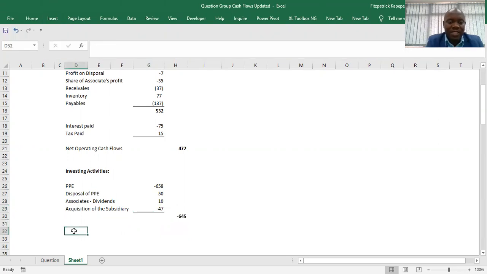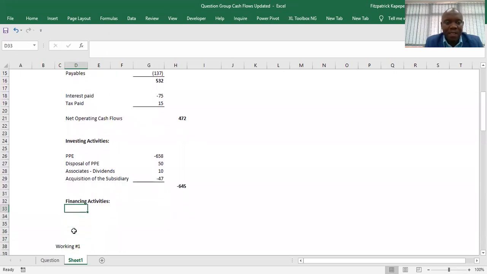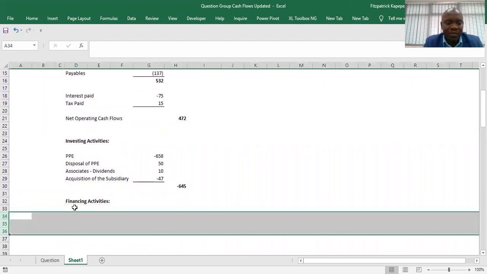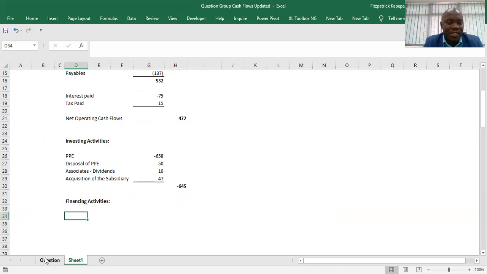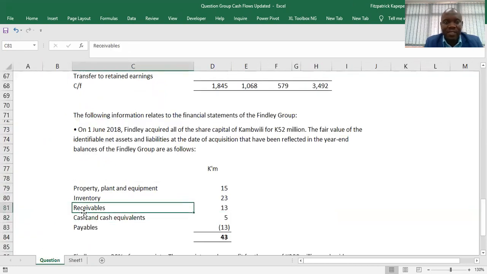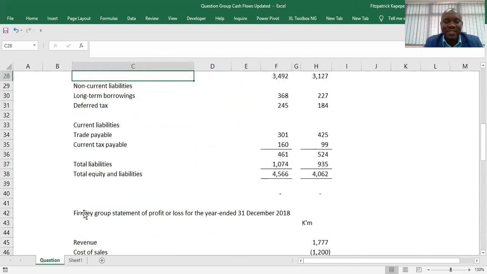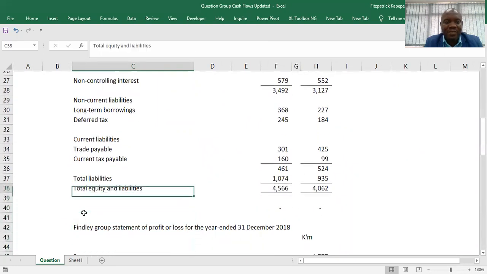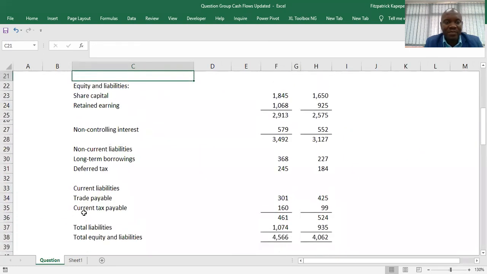So then now we go to financing activities. Under financing activities, what finances this business? Always, what finances the business is this component from here.